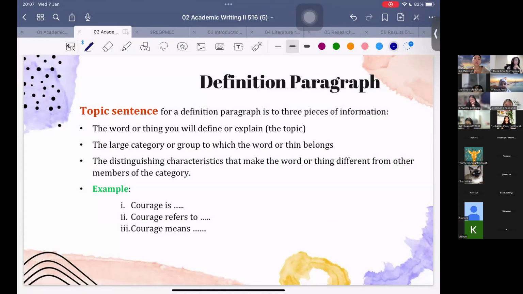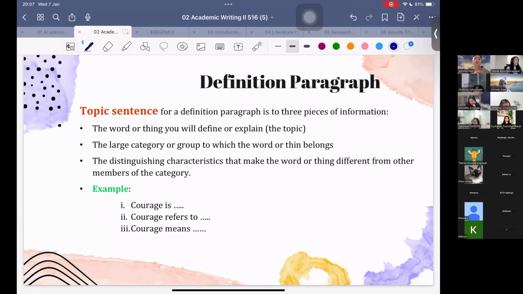Definitions paragraph. So definitions paragraph, this is where a lot of you are gonna use this in your thesis.